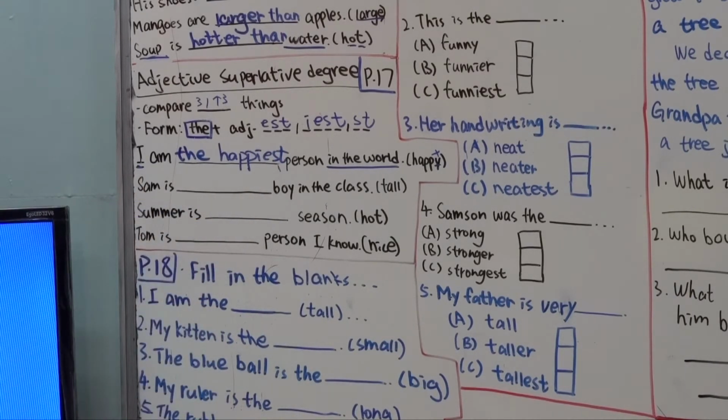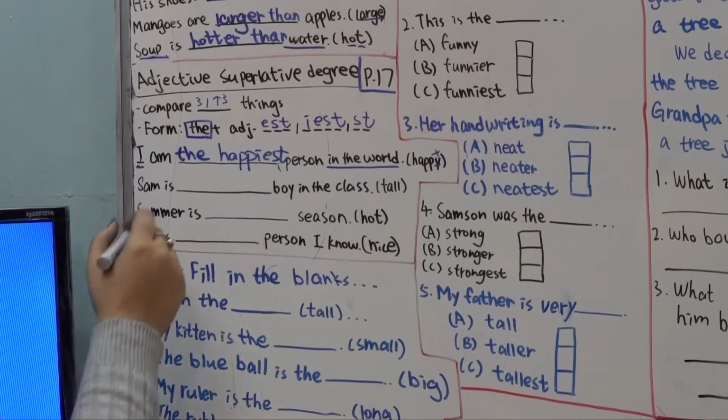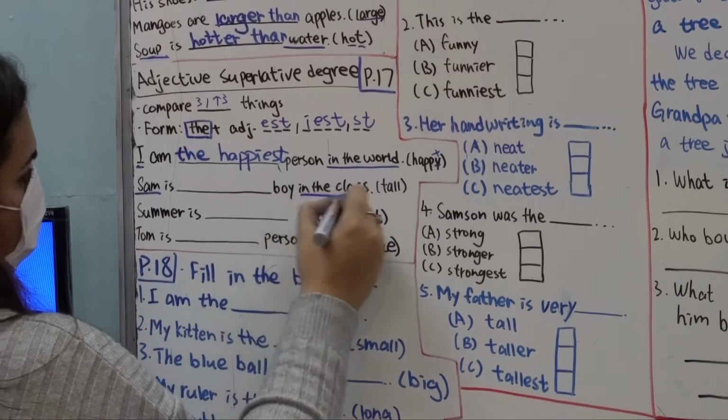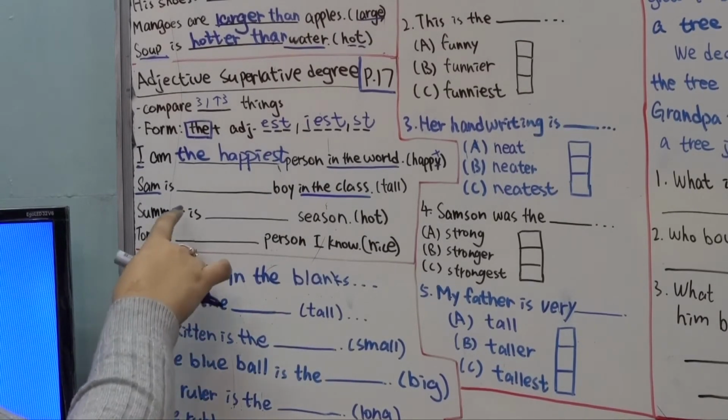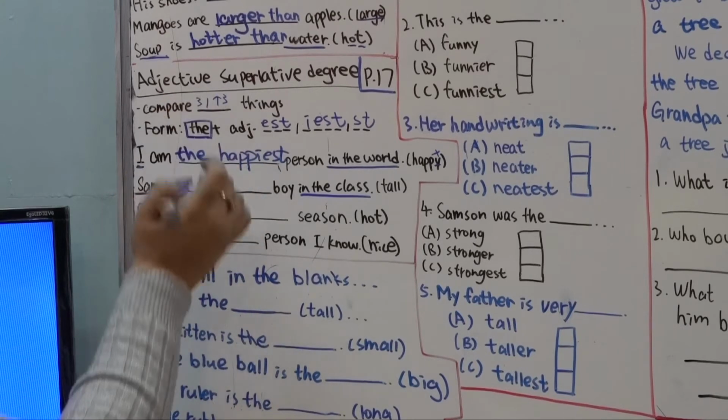Alright, number 2. Sam is what boy in the class? So, Sam and in the class. In the class there are many people. Basically more than 3, right? So, again, superlative.